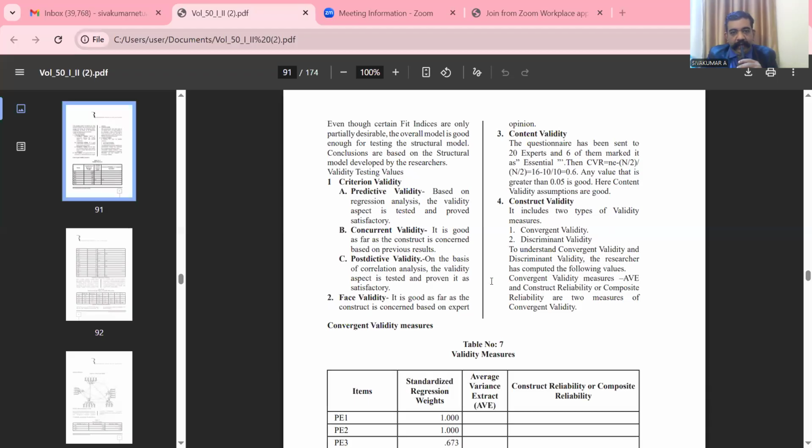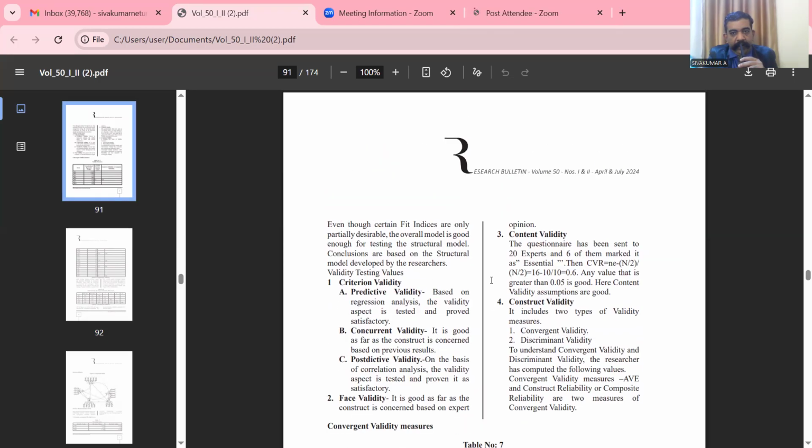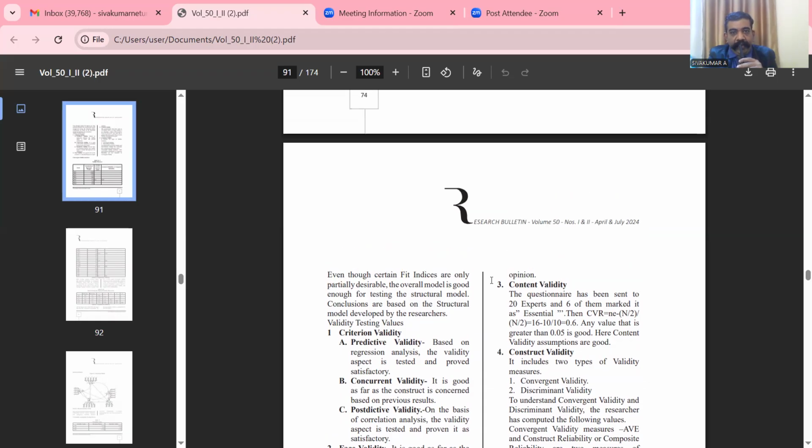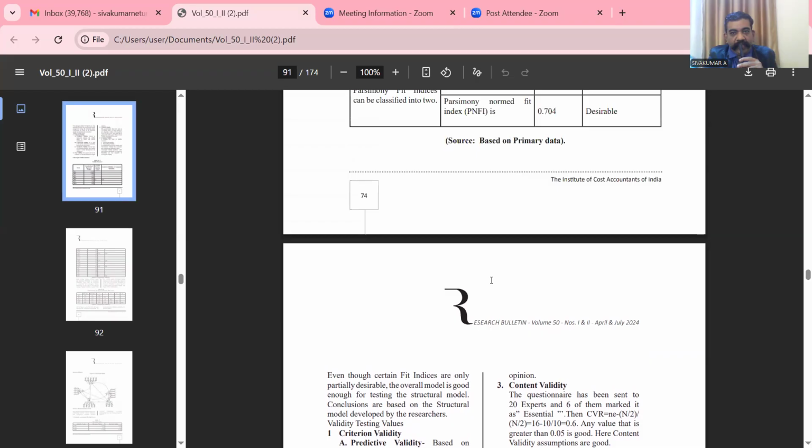This is the article. One of the first authors of the article is myself. The article was published in a research bulletin, a peer-reviewed journal of the Institute of Cost and Management Accountants of India.